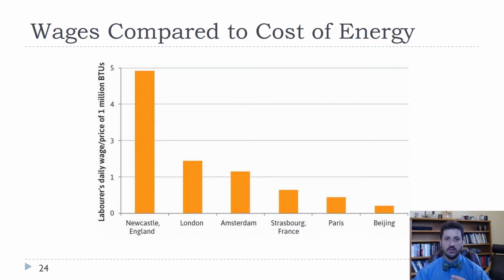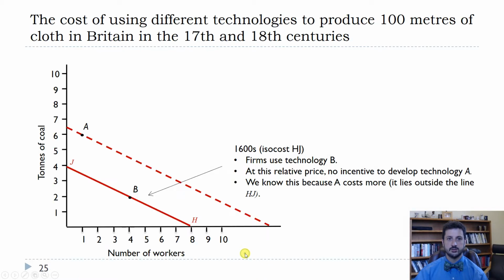While they weren't that much higher in London versus Amsterdam, they were significantly higher in Newcastle. Remember, that's just because coal was in Newcastle, and so coal was much cheaper there. It was abundant and it provided an incentive for firms to use that resource.